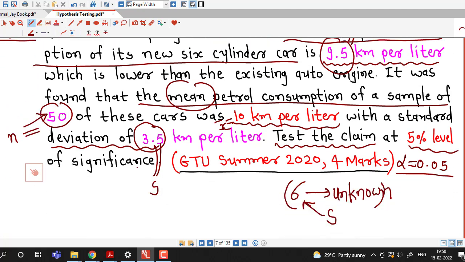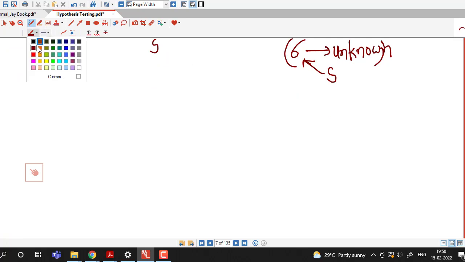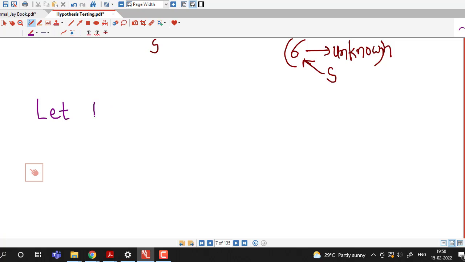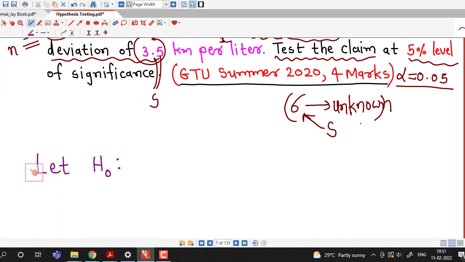So now first we write down the alternative and null hypothesis. Null hypothesis is the statement related to the claim which is given in the question. So let H naught, that is null hypothesis, be that the claim is this mean petrol consumption is 9.5 km per liter. So that is population mean.